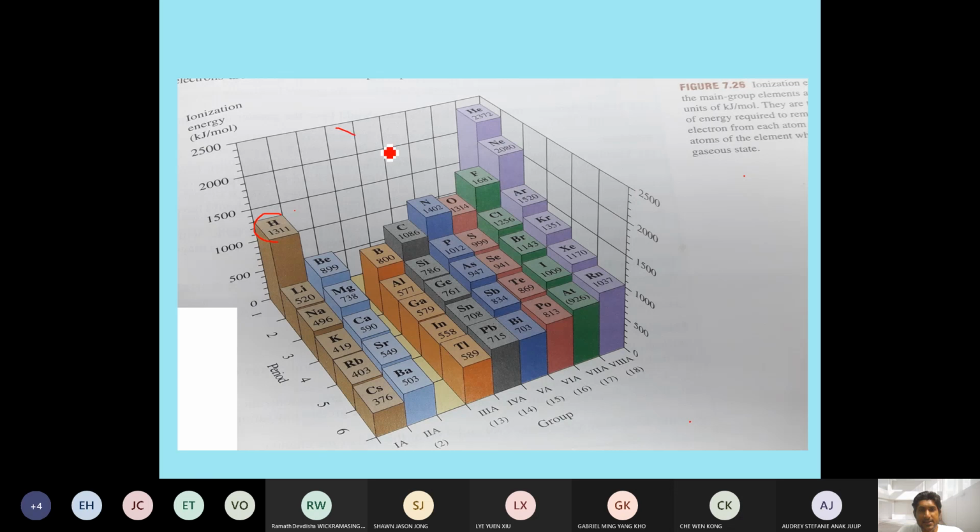In that case, fluorine has the highest, and it will attract more electrons towards it, no matter from where. It has a higher attraction force. But ionization energy is the opposite thing. It is how much energy we need to take one single electron from the outer shell of that atom.